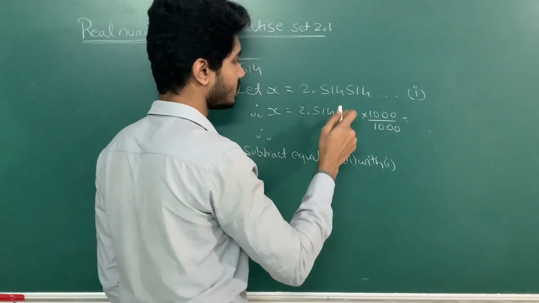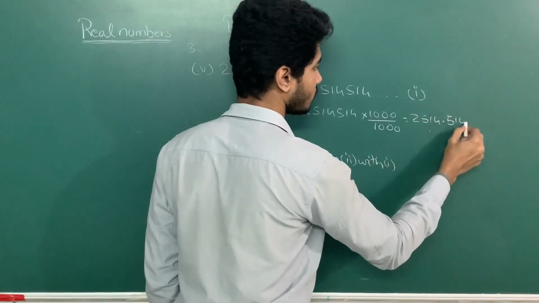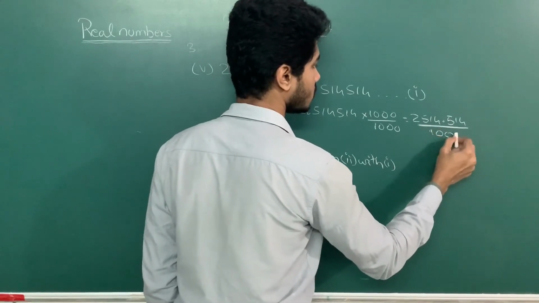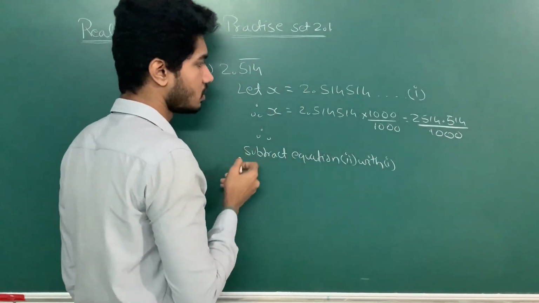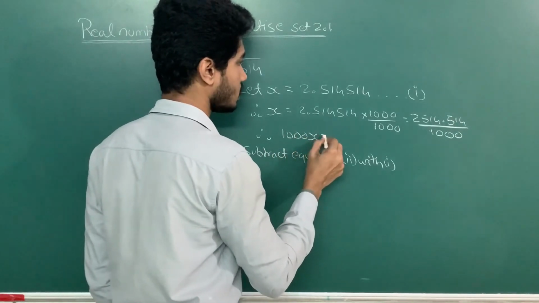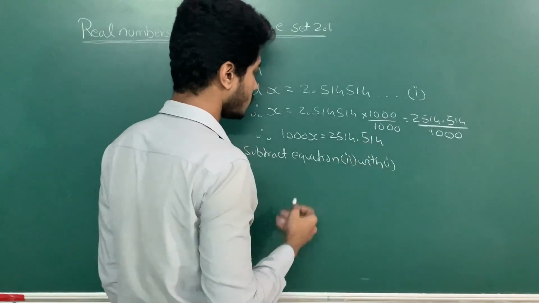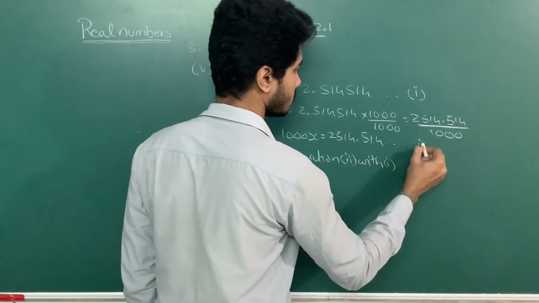So here it will shift 3 times. So you'll get 2514.514 upon 1000. You shift this 1000 on the left hand side, that is x. So you get 1000x is equal to 2514.514. Now you let this be equation 2.